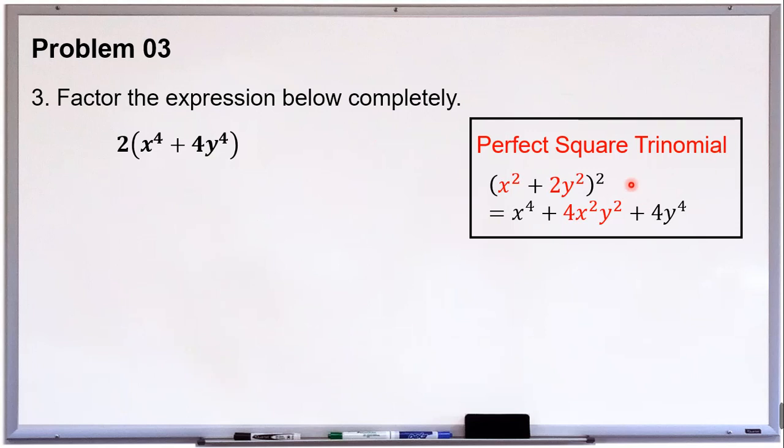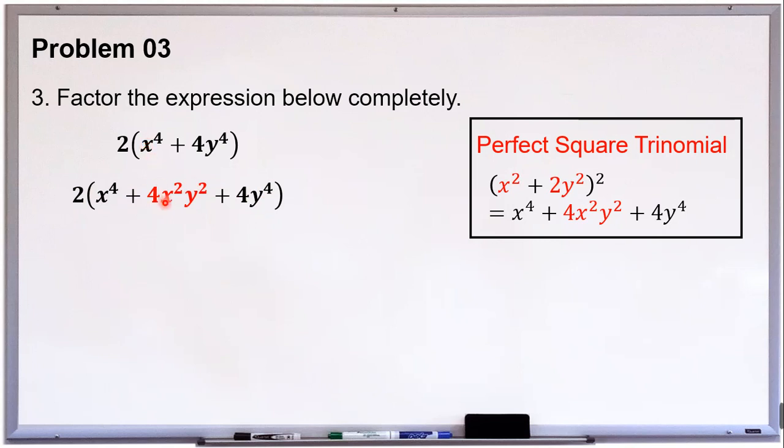Okay, again, we're going to use this concept. So we're going to add the middle term. So you have x to the fourth plus 4x squared y squared plus 4y to the fourth. Notice that the new expression is different from our original expression, especially in value, because we added something.